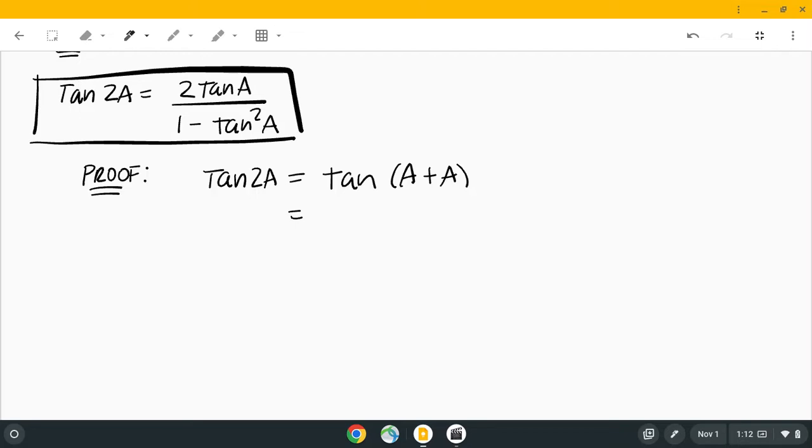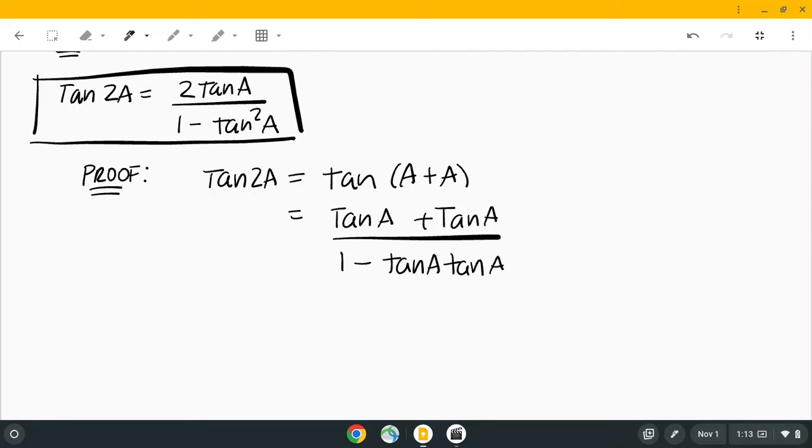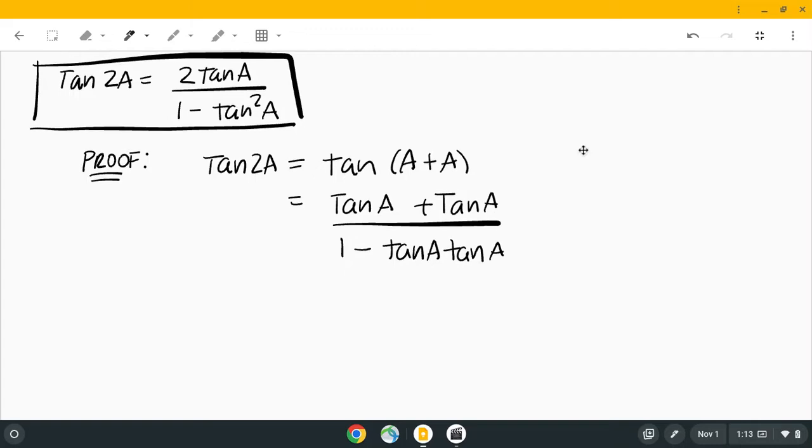We know from the sum and difference formulas, tangent of A plus A is going to be tangent A plus tangent A all over 1 minus tangent A tangent A, because B here is actually A.